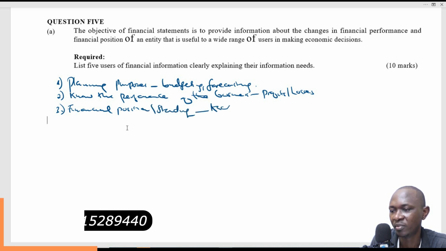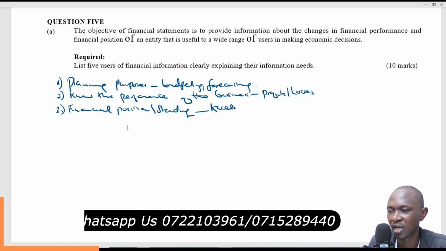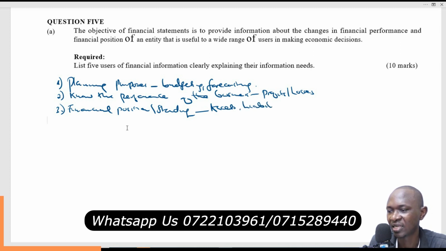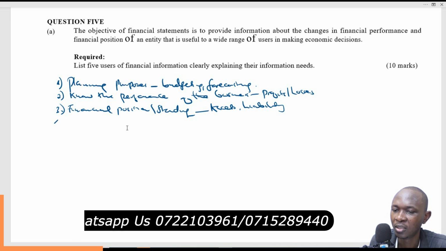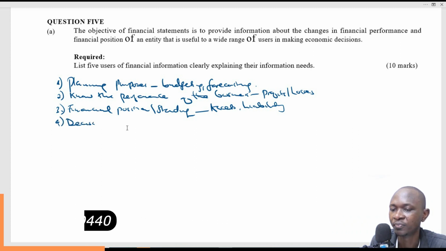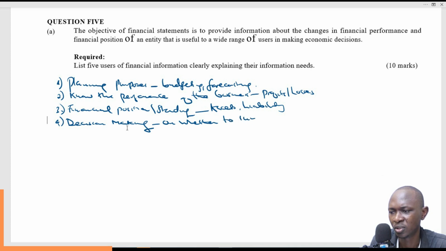We are talking about the ratio between assets and liabilities, current assets, current liabilities. It's also used for decision making, especially on whether to invest in a certain project or business or not.